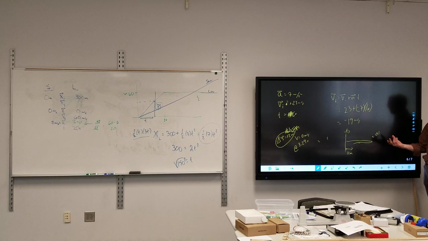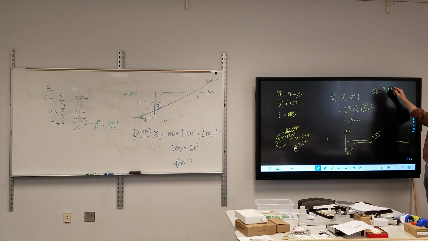And to find that right there, since we know time, we could use the delta S equals VIT plus 1/2 AT squared. Or we know initial and final velocities for this segment right here, so we could also use the average velocity times time. The displacement is VI plus VF over 2 times time.